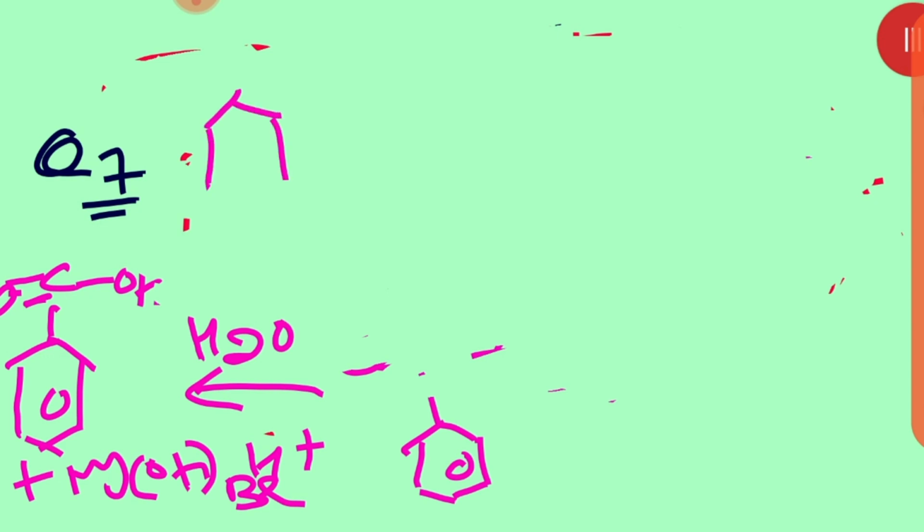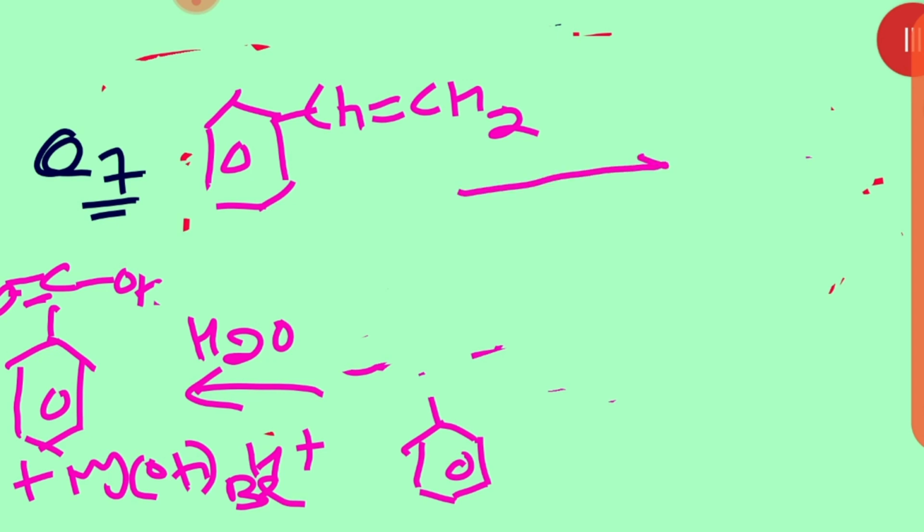The formula of phenyl ethene is benzene CH double bond CH2. Okay students, so this is simple, beta. Here we have to simply give a reaction with KMnO4.